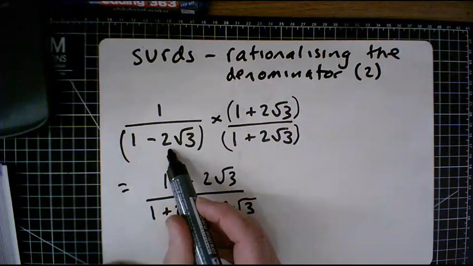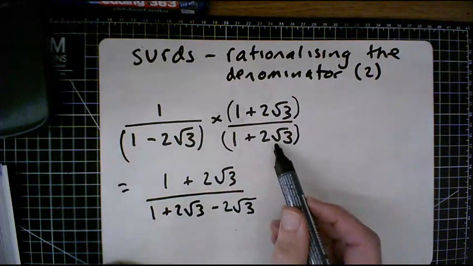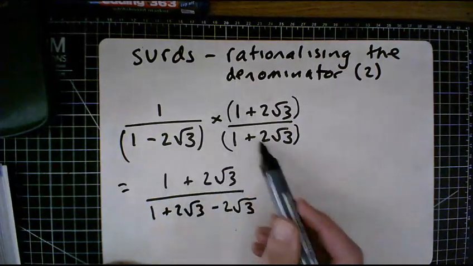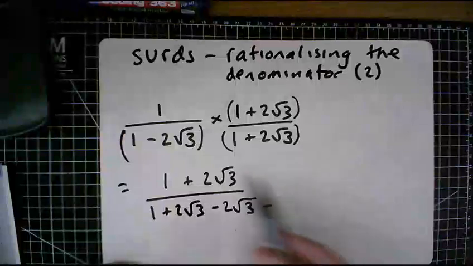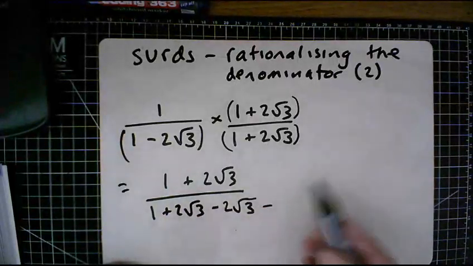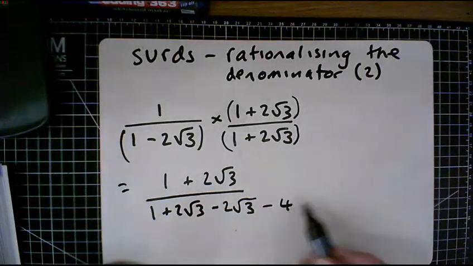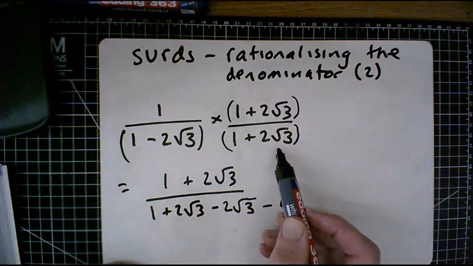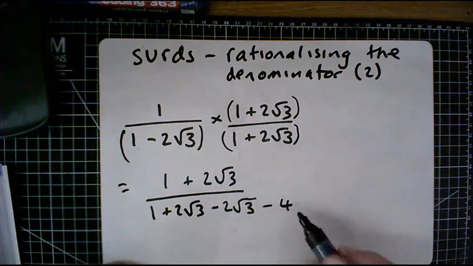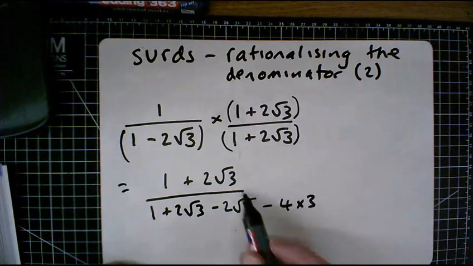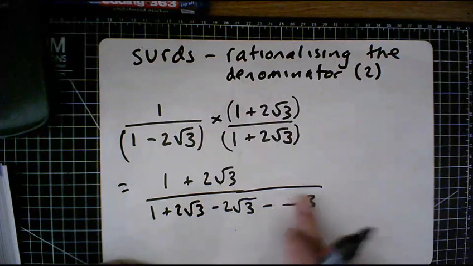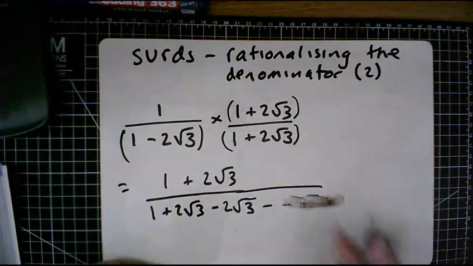And negative 2 root 3 times positive 2 root 3, well, let's break this down. Negative times a positive is a negative. 2 times 2 is 4. Root 3 times root 3 is root 3 squared, which is 3. So that will become 4 times 3. I'll make it into a 12.